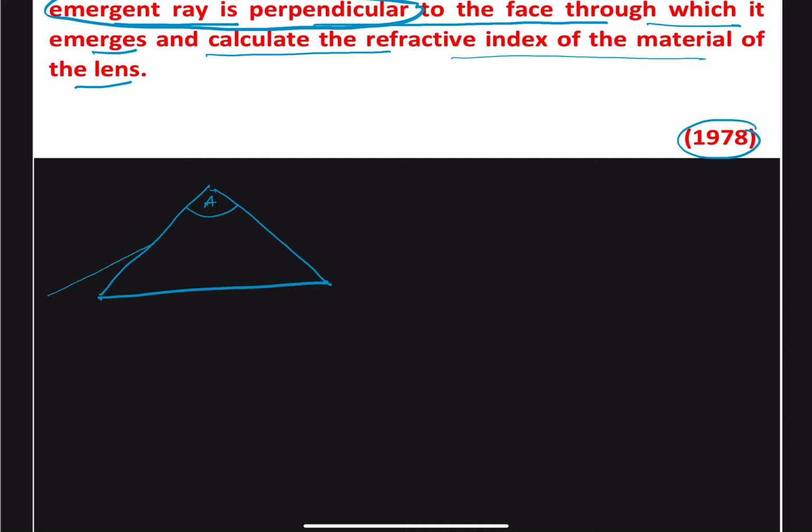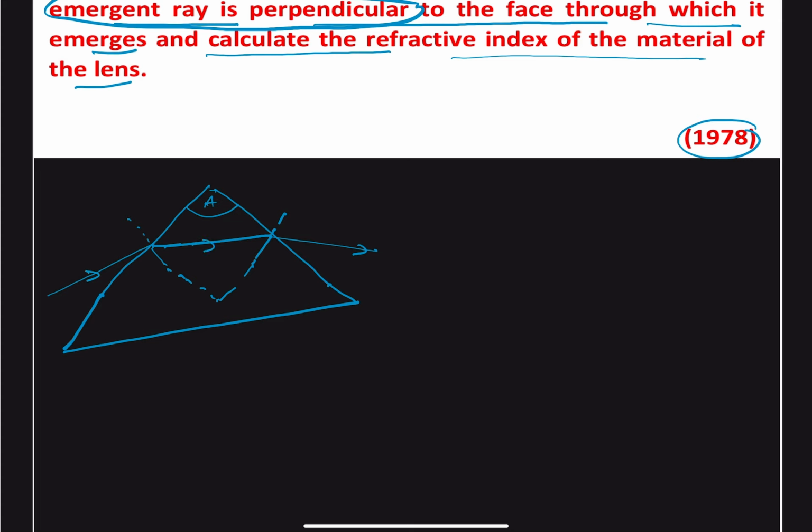This is the normal to the surface, and it is supposed to bend like this, and here also we have a normal to the surface. And one second, they are going to meet somewhere like here. So let me extend the prism, and then this is going to bend in this direction.